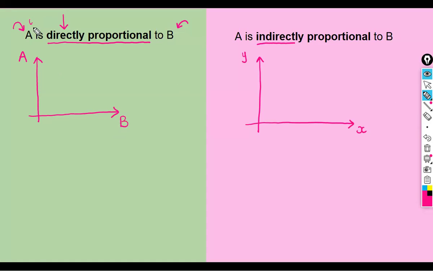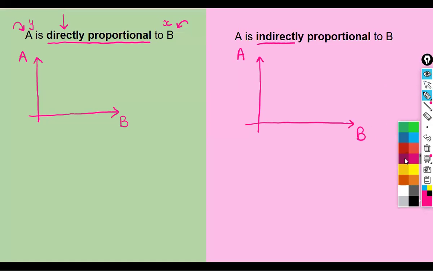So I'm just writing it here. This is really the y, and this is really the x. A lot of people just can't remember which one goes on the x and which one goes on the y. Just remember, the first letter is the y, that's the vertical axis, and the second letter is x, the horizontal axis. So in both cases here, the A comes before the B.